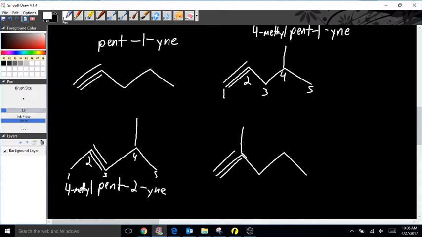How many bonds does that carbon have? I'm looking at it right now. It's a triple bond there, so that's 3. This bond here is 4. That bond there is 5. Carbon, for all intents and purposes, cannot have 5 bonds coming out of it.